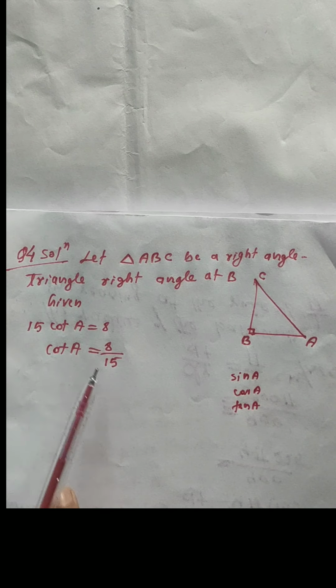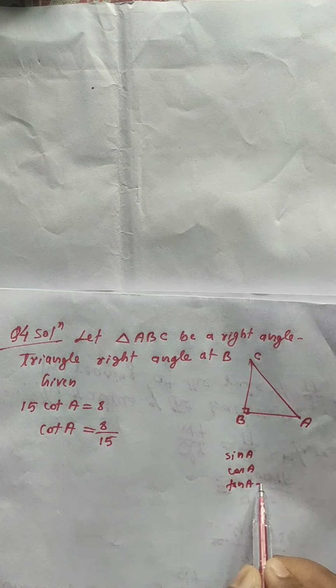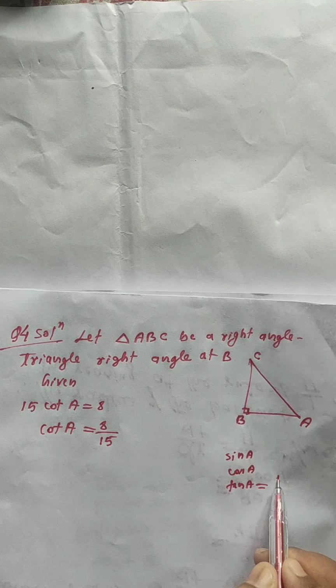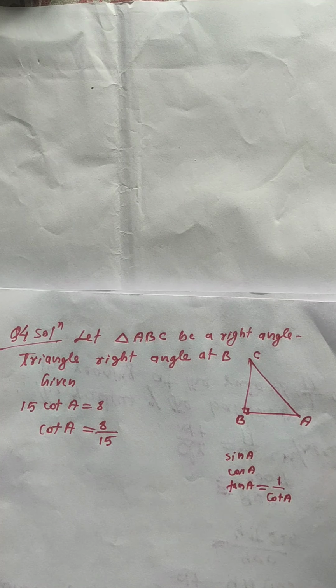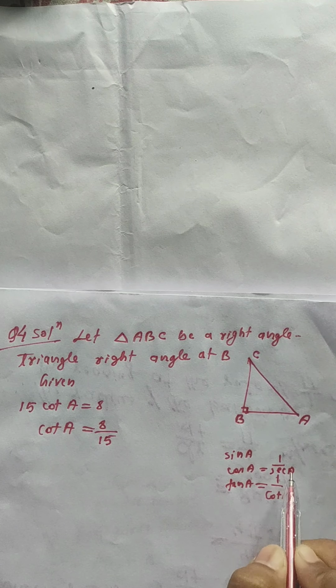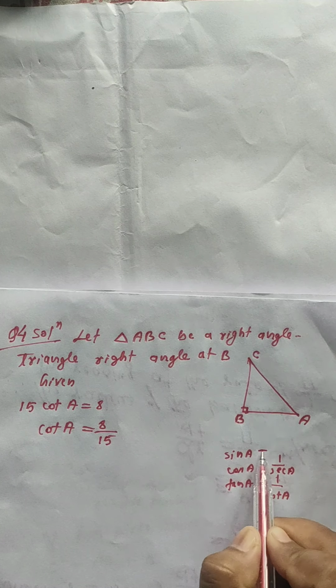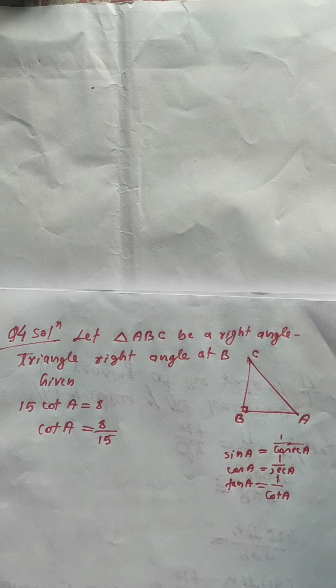But cot is related with tan, isn't it? So tan A equals 1 by cot A. Cos A is related with 1 by sec A, and sin is related with cosec A.